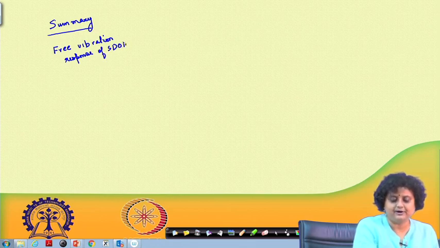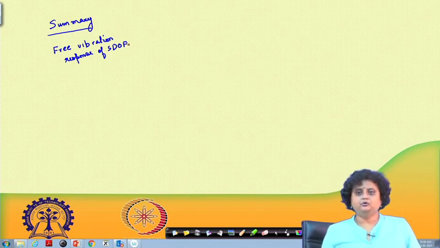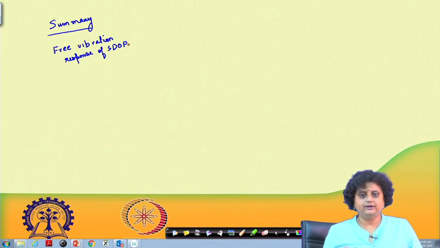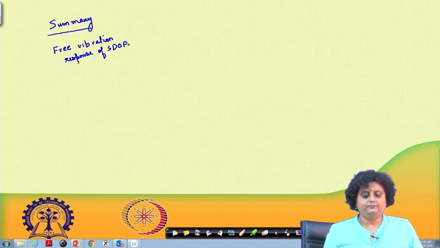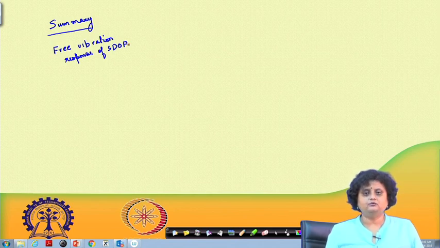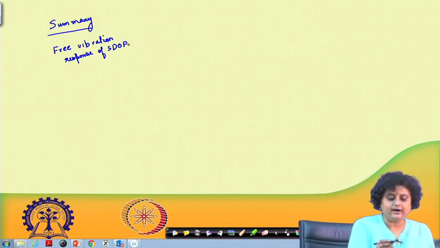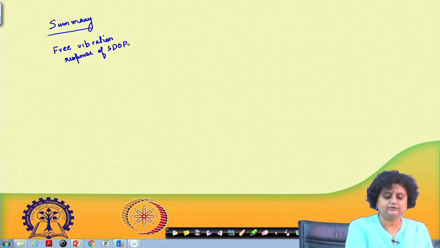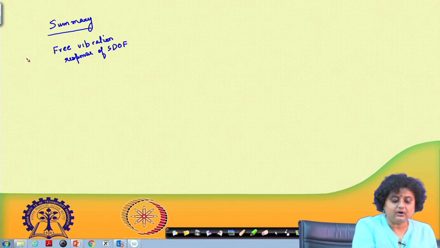Of course, we have first learned what is degree of freedom, how to find out the equation of motion using D'Alembert's principle and dynamic equilibrium, how to solve several problems to find out the equation of motion, and then once we got the equation of motion, we solved it to find out the response of the system. So, first we found out the free vibration response of SDOF under no damping, that is under undamped condition. Okay. Under undamped condition, that is zeta is equal to 0.